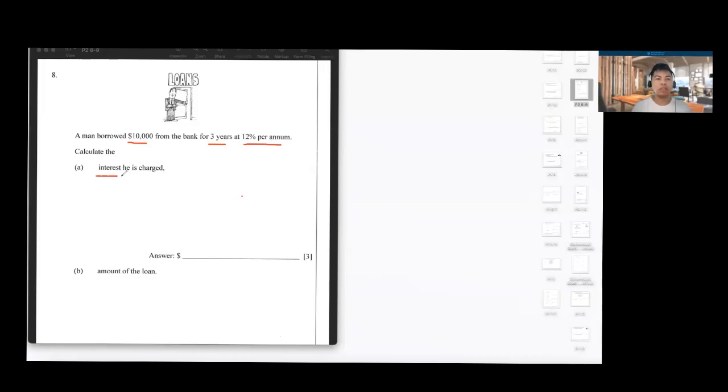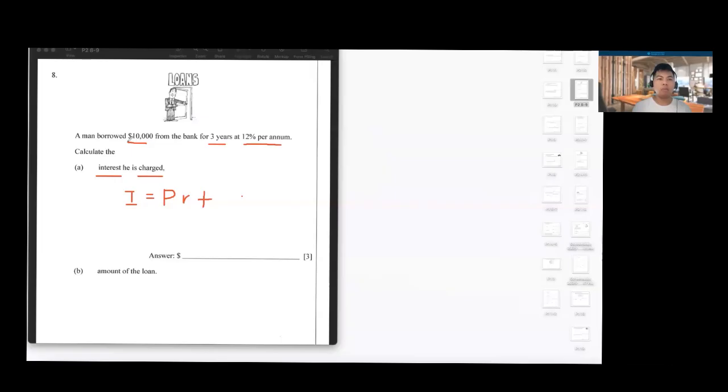What is the interest he is charged? So the formula to get the interest is this. Interest is equal to the principal, that is the amount borrowed, times the rate, so it's R times T. That's the number of years. This is time. This is the rate.